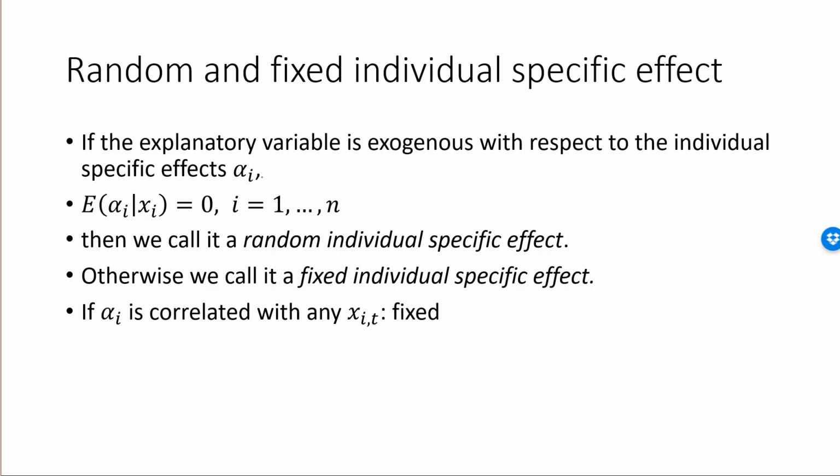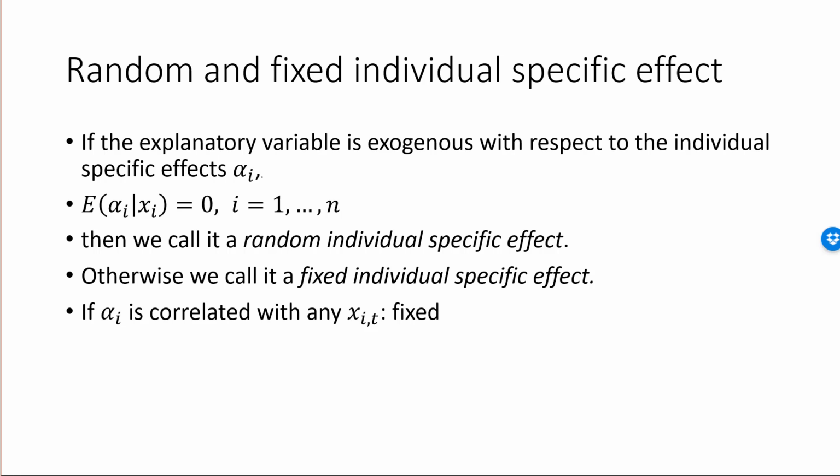Using the farm example, if there is a correlation between alpha_i and the number of cows, it makes no difference which direction it goes. Say that alpha_i is larger if you have more cows, then clearly the expected value of alpha_i given x_i cannot be 0. It must depend on x_i.